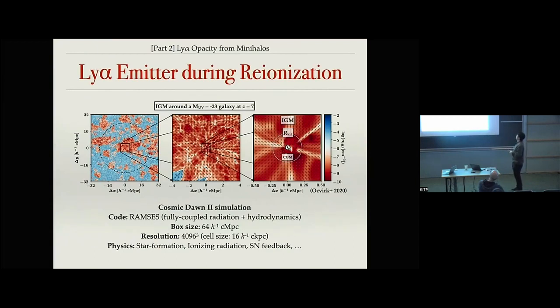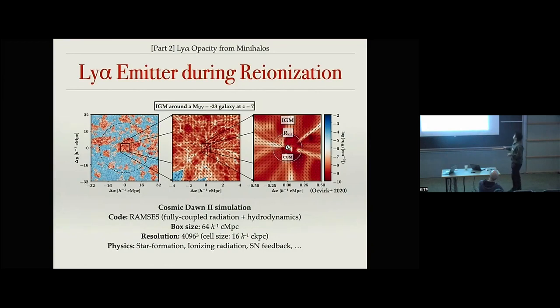So for that, I used this Cosmic Dawn 2 simulation run by my collaborators. It's a realistic simulation of galaxies at high redshift with the reionization, the ionizing radiation ionizing the intergalactic medium and so on.